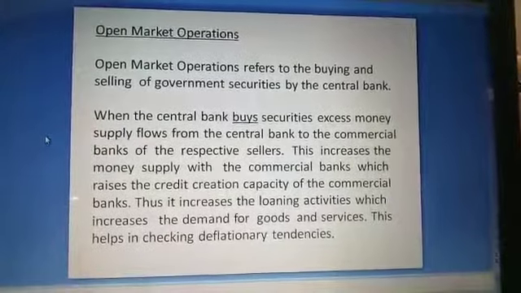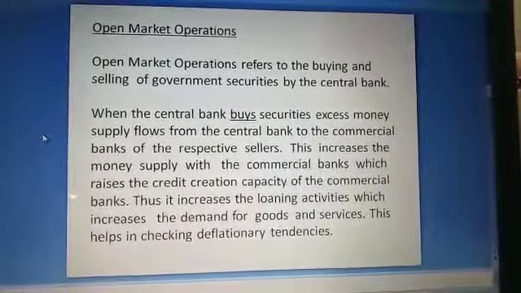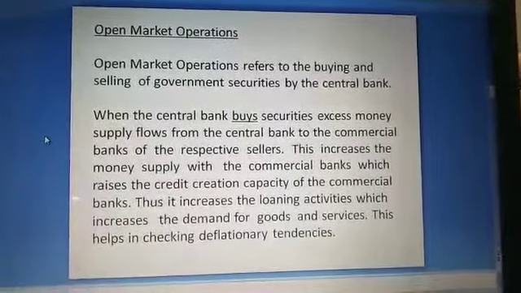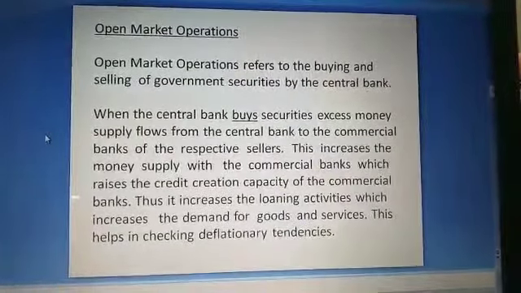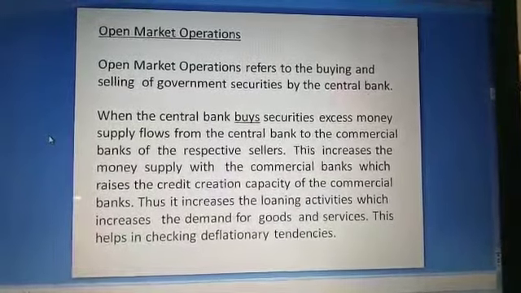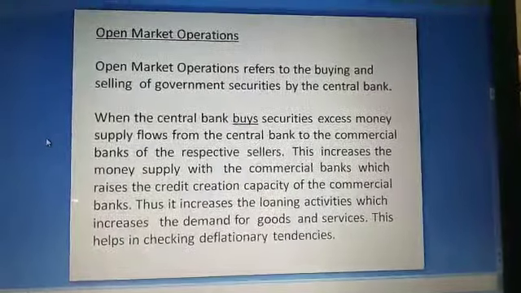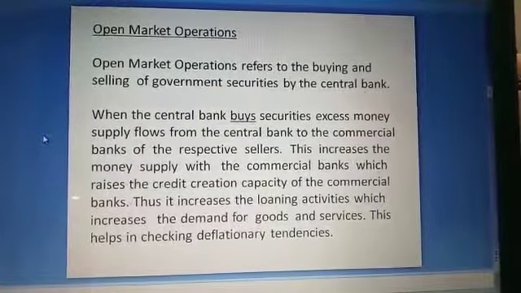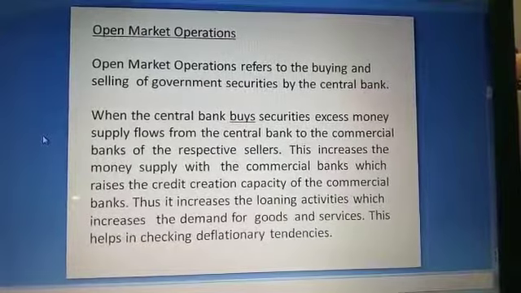Now, open market operations. It refers to the buying and selling of government securities by the central bank. Now, let's see what happens when the central bank buys the securities. What happens is that excess money supply flows from the central bank to the commercial banks of the respective sellers.